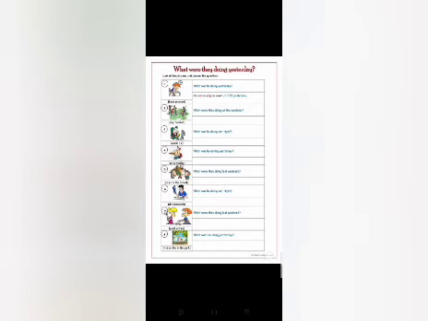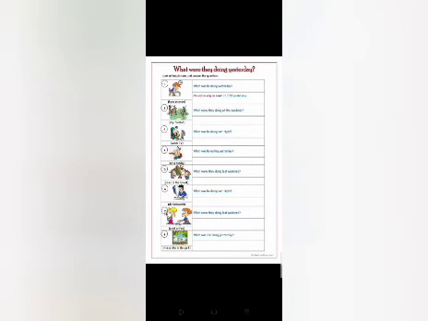Now look at picture number 5. Here we have some people, I think, camping. So what were they doing last weekend? Yes, excellent. They were camping in the forest last weekend.